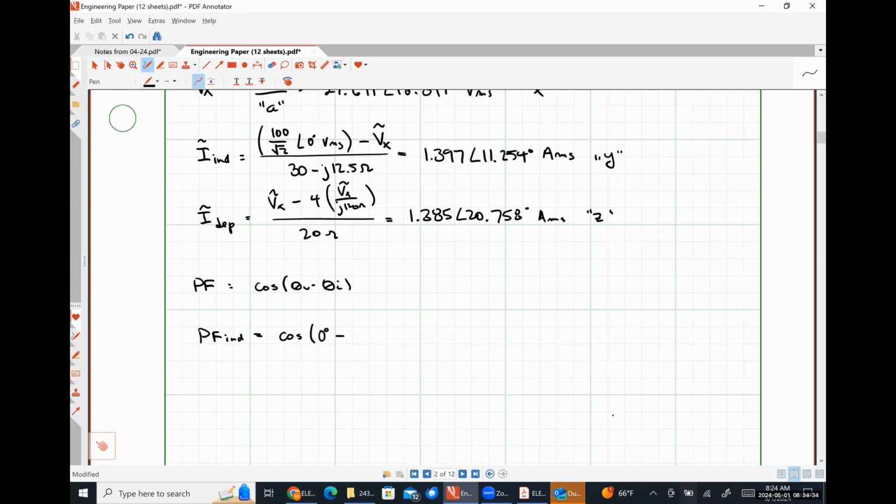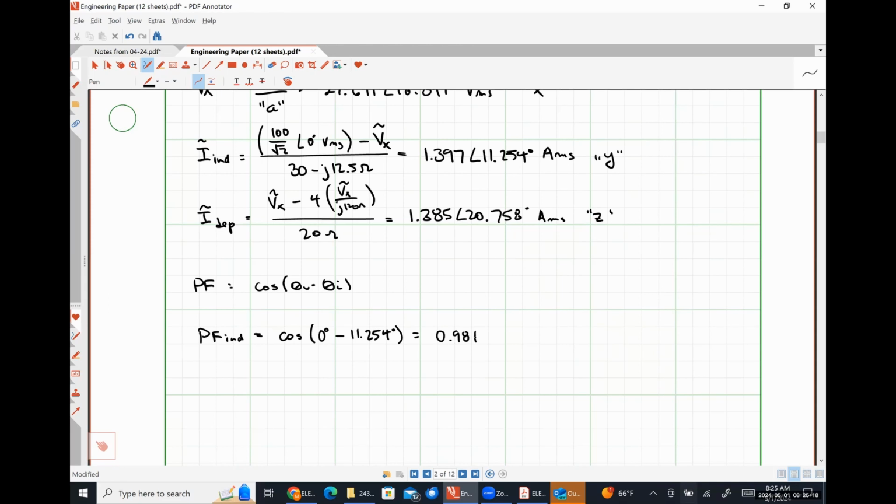And then we're going to subtract from this the phase angle of the current flowing through the independent source, which is 11.254 degrees. So cosine of negative polar angle of what I have stored as y, and I get 0.98077, so let's call that 1.